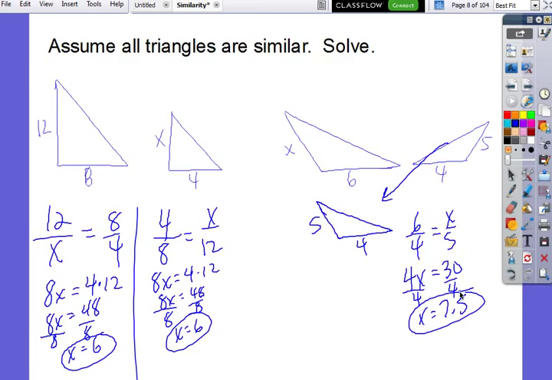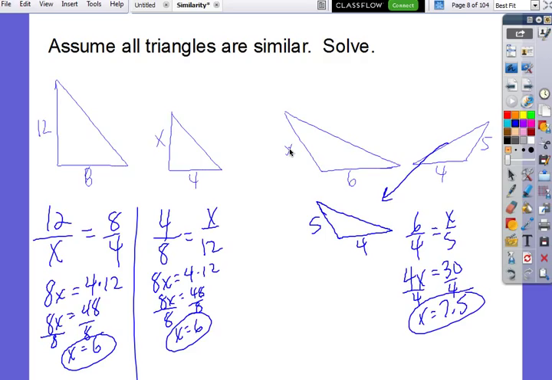You will get decimals on these. Okay, so find the sides that correspond with each other. Write fractions based on those sides. So the 6 corresponding with the 4, I write my fraction 6 over 4. Go back to the big one, x over 5. Cross multiply, divide, get your answer.